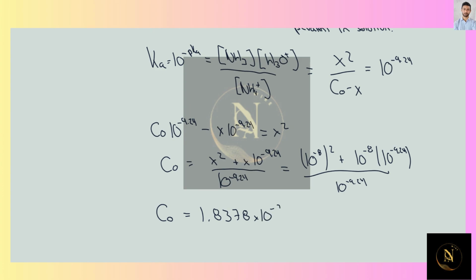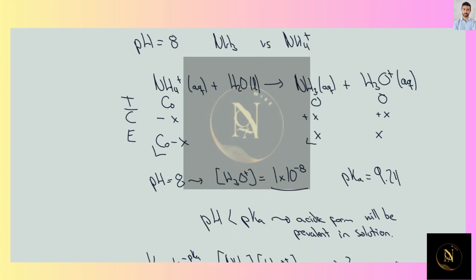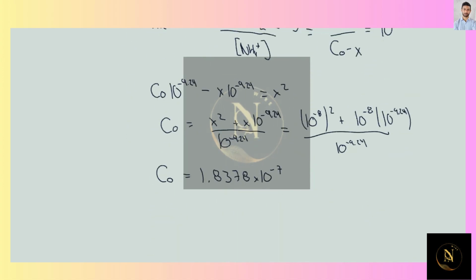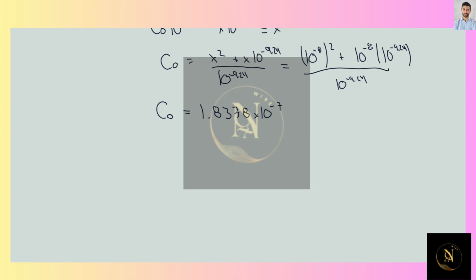times 10 to the minus 7, which is already larger by more than 1 order of magnitude than the concentration of NH3, and the fraction that dissociates would be equal to 1 times 10 to the minus 8.